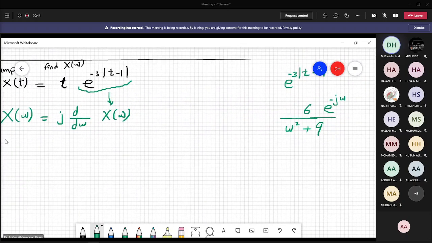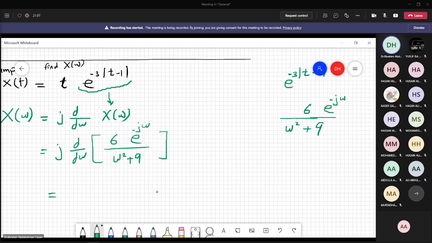So x of omega is then equal to j d by d omega of this x of omega, which is equal to 6 e to the power of minus j omega divided by omega square plus 9.